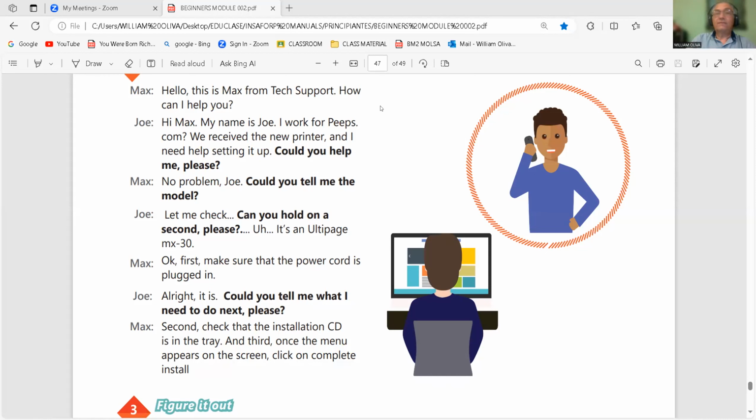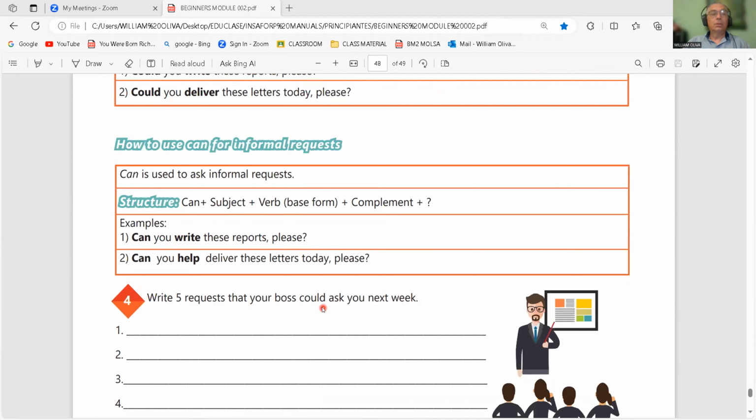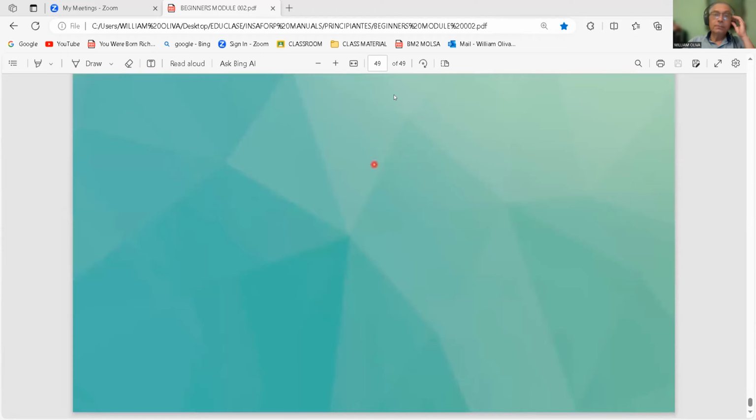So unit number 4 speaks about how to ask for service and how to use could. No son cosas del otro mundo, cosas que ya estudiamos. Yes. That is the end of the book. Let's come back to the book.